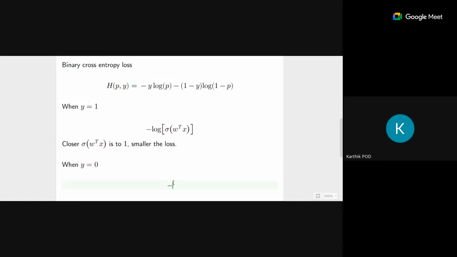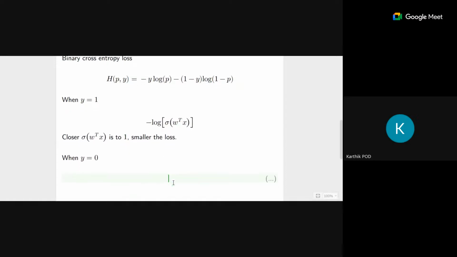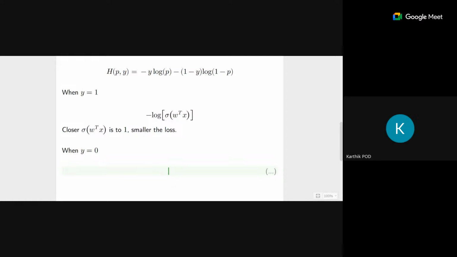So what does the loss become when y is 0? Minus log of 1 minus p. This is the loss when the true label is 0.